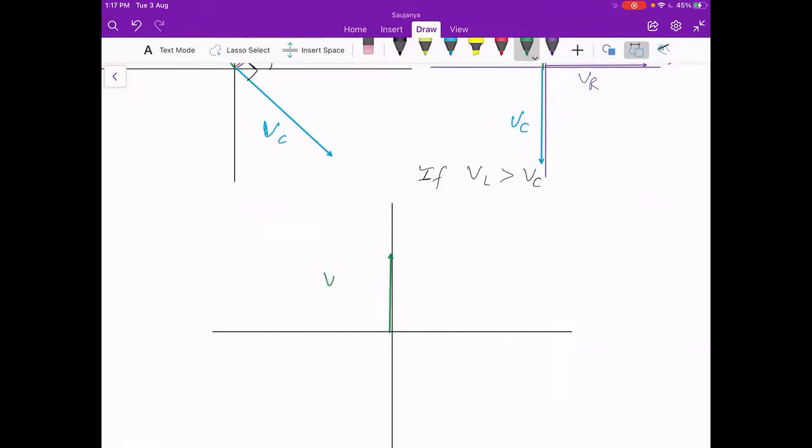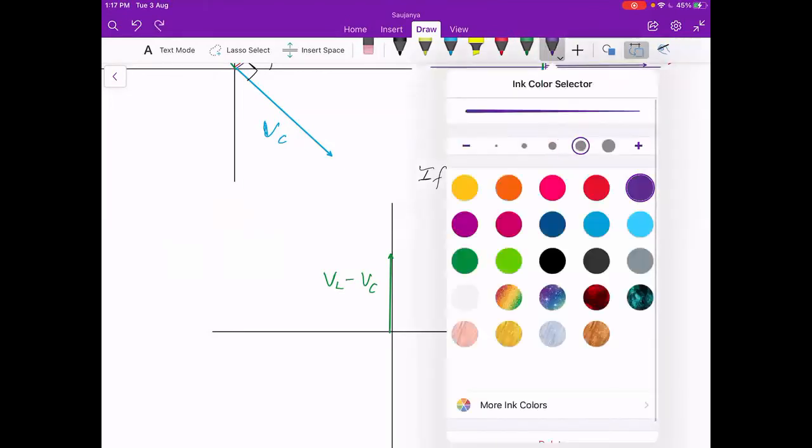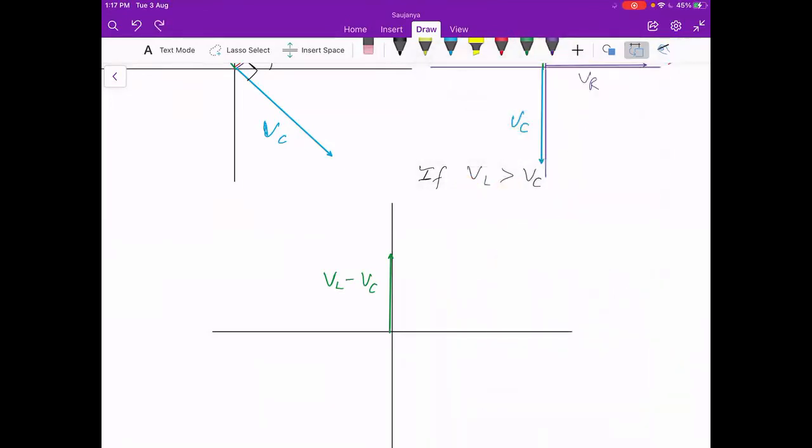And then of course you have the VR on the x-axis. I'm going to make it a little thicker, for greater emphasis.